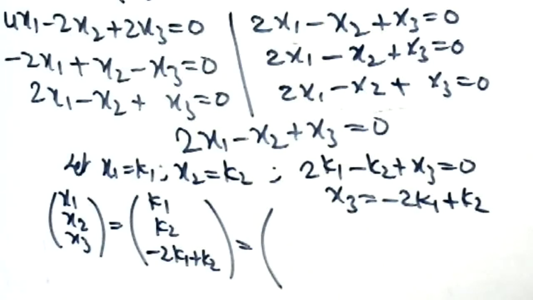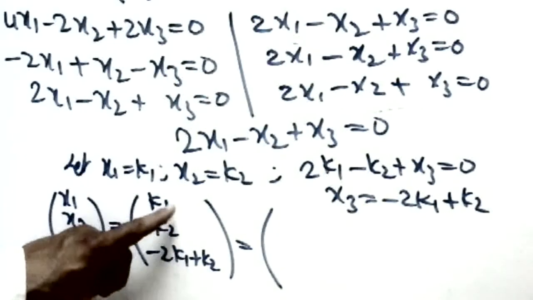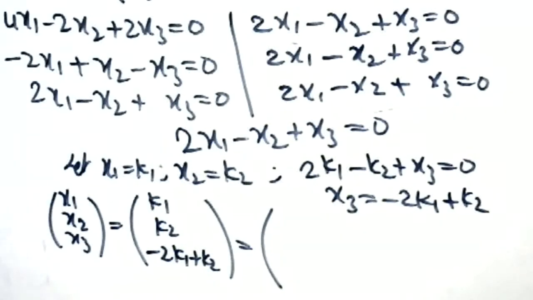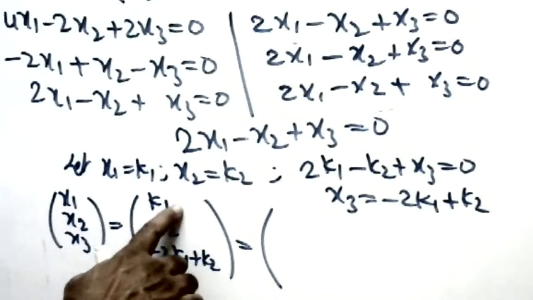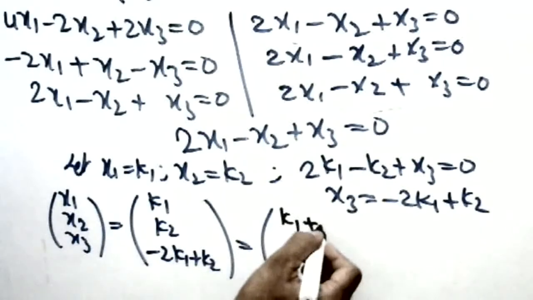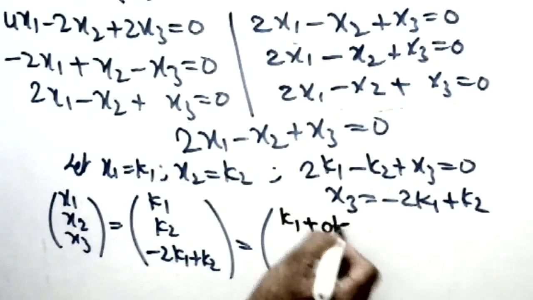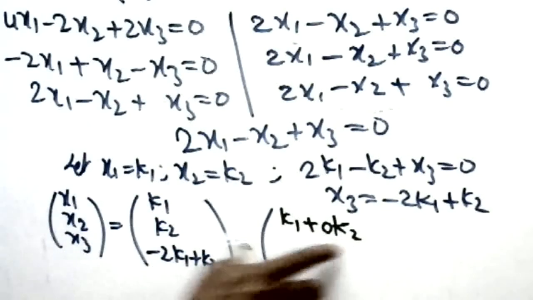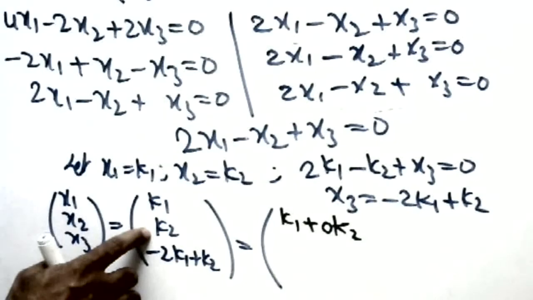Watch carefully. How to change it? In every element we have to write k1 and k2. Here we are having k1 but not k2, so you write like this: k1 plus 0 k2.